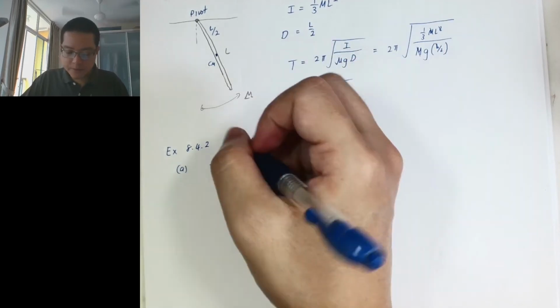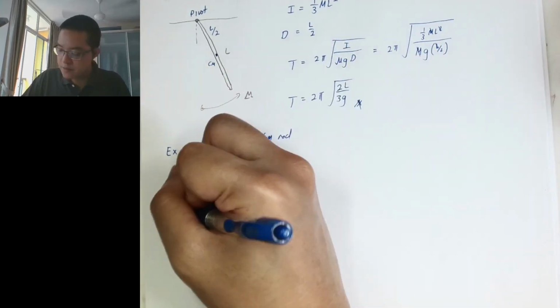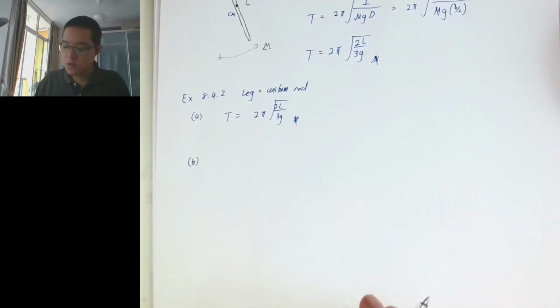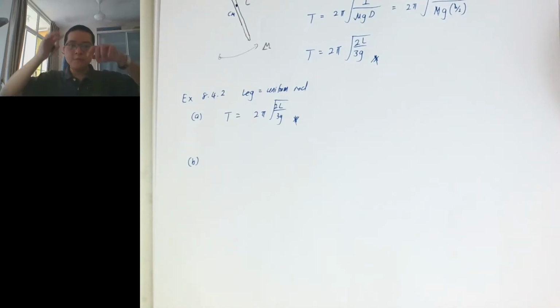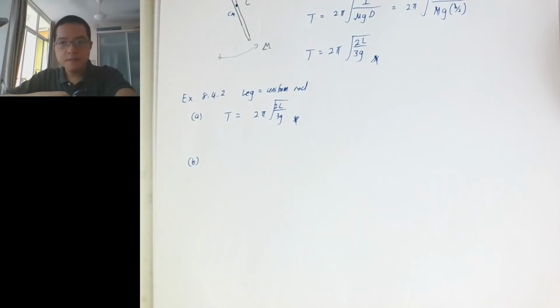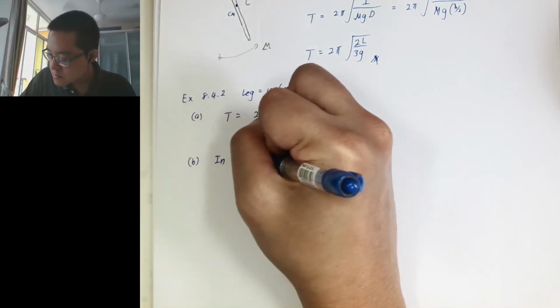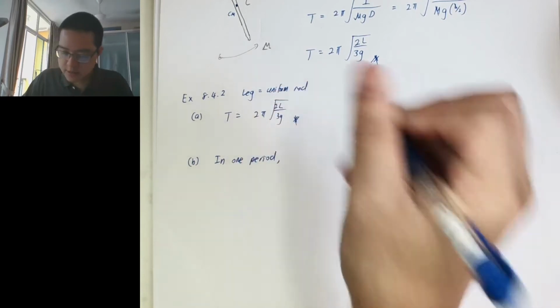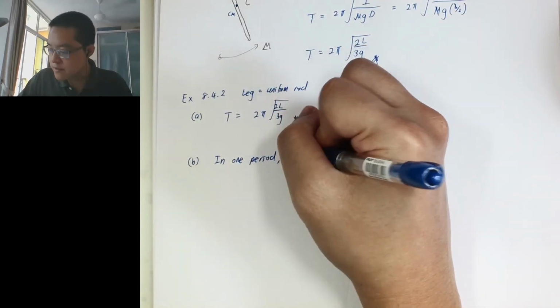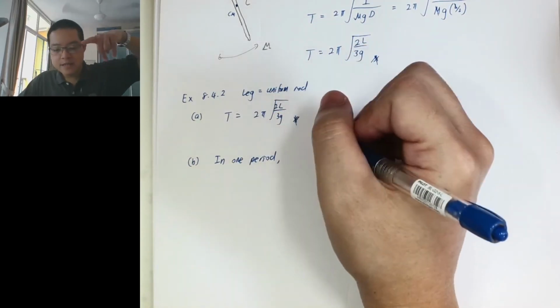And then for part B, we want to calculate the walking speed. The idea is this: we are assuming that from one step to the next step is one period, and the distance is the distance between the footprints. So in one period, the footsteps are a distance of 4 meters.